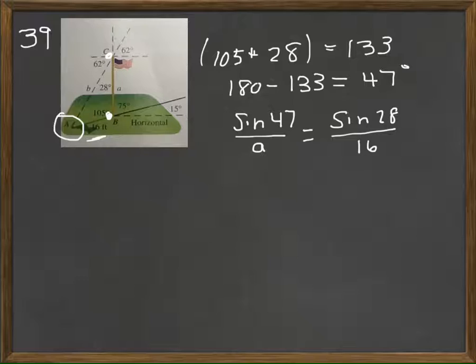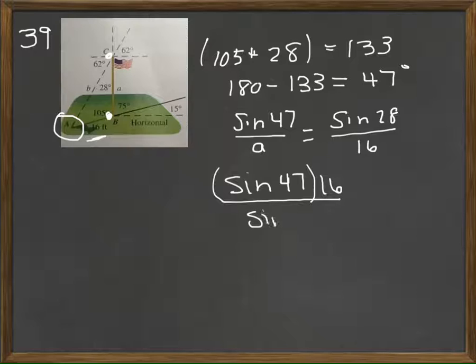So when I work this out, it'll end up being sine of 47 times 16 divided by sine of 28. And that turns out to be 238.5.